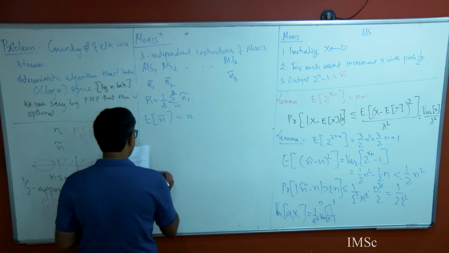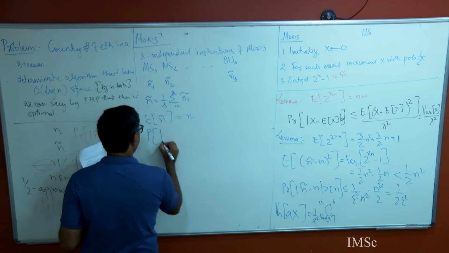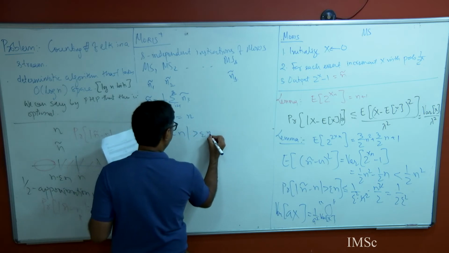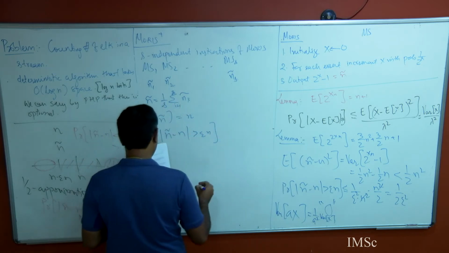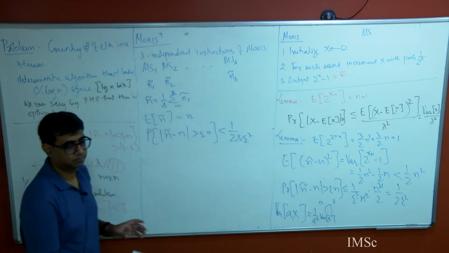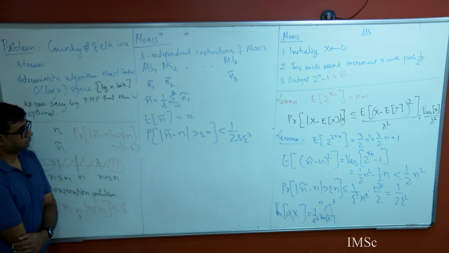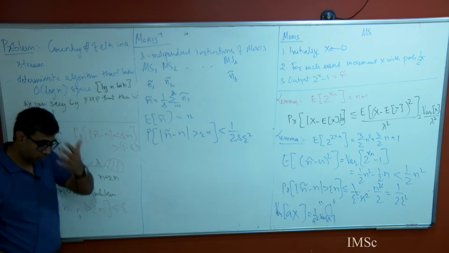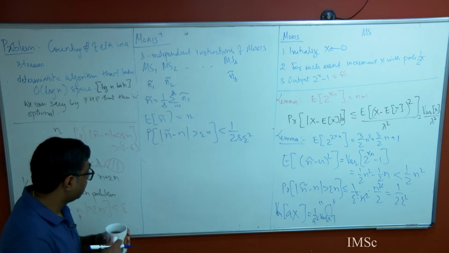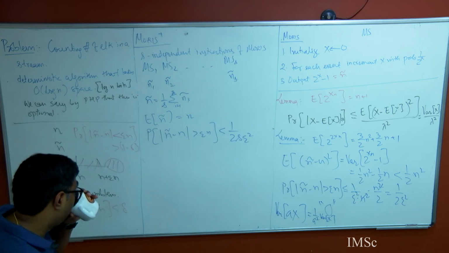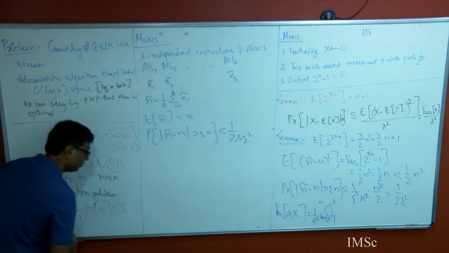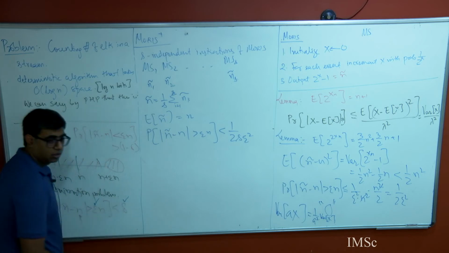Exactly. So the probability that N tilde minus N is more than epsilon N is now going to be 1 over 2 S epsilon square. Okay, excellent. But what was our goal? Epsilon was given to you, delta was given to you.